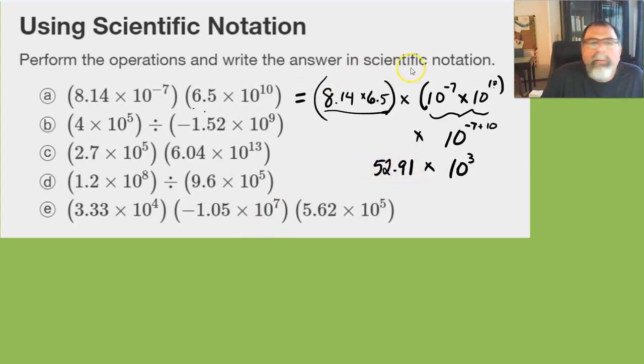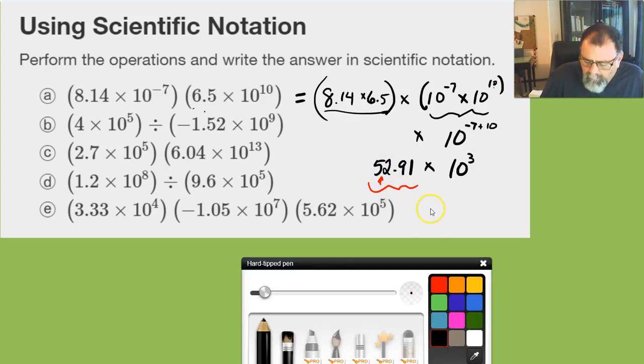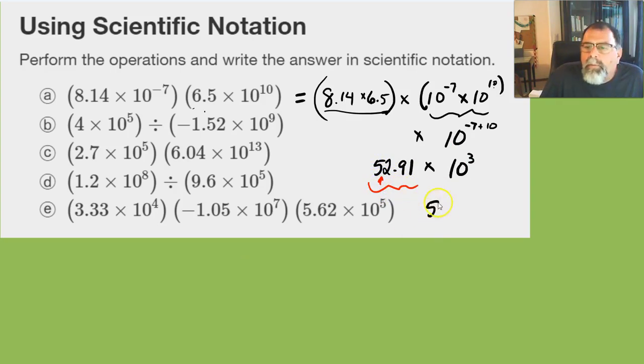And then do we want it in scientific notation? Now here's the problem when you do this. This is not scientific notation because this has to be between 1 and 10. So we need to move the decimal point to right there. I'm going to move the decimal place to the first place after the first non-zero number.